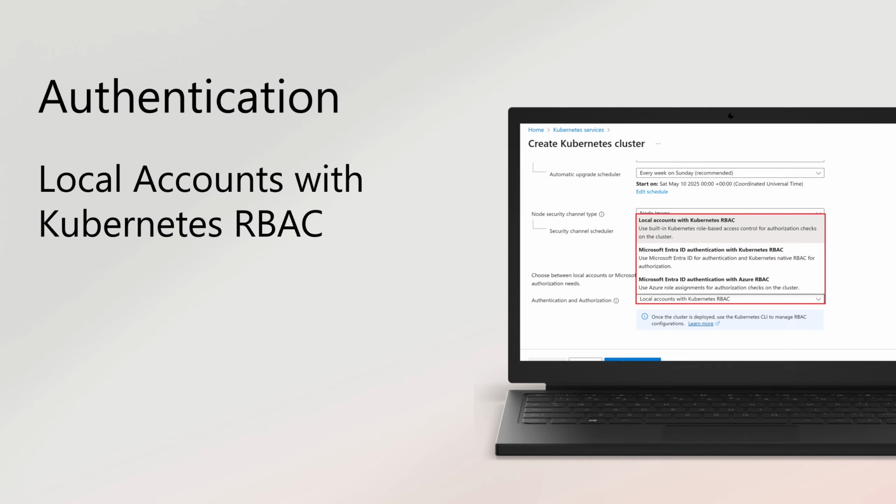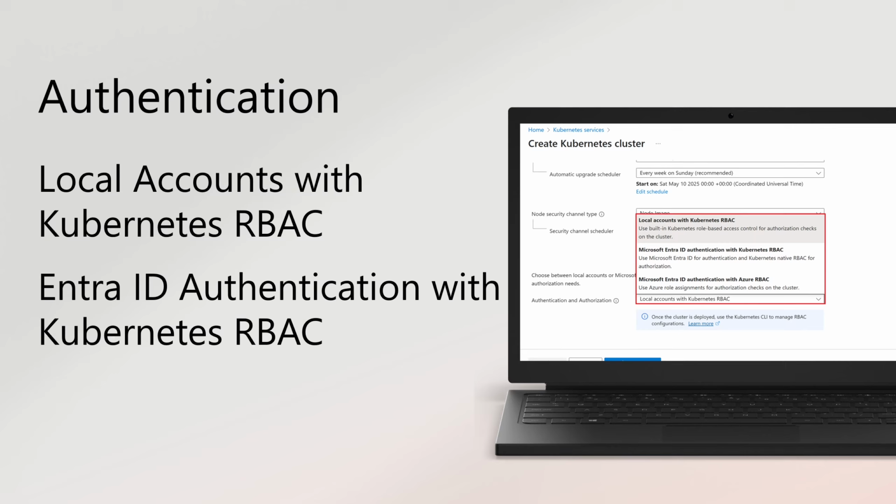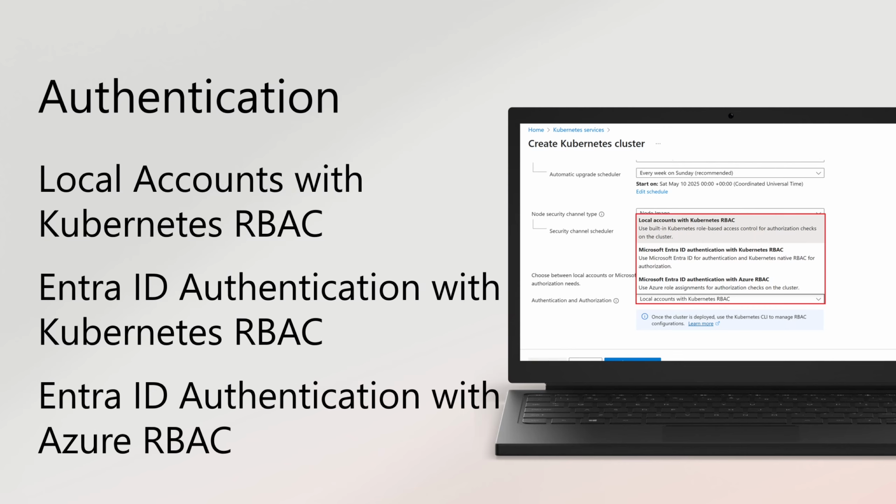This means if you use, for example, the Azure CLI and don't provide any configuration, AKS will use this one. Then the next one is Entra ID authentication with Kubernetes RBAC. And the last one is Entra ID authentication with Azure RBAC. And if you just remember one thing of this slide, remember that Entra ID authentication with Azure RBAC, the last option, is the best one.